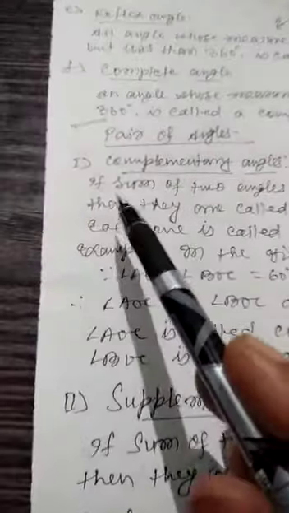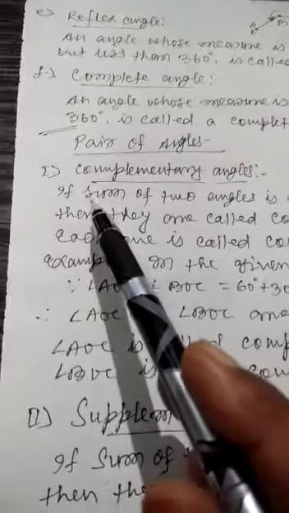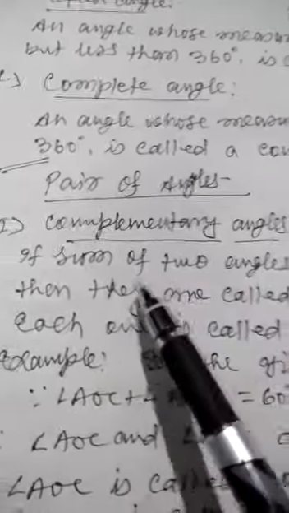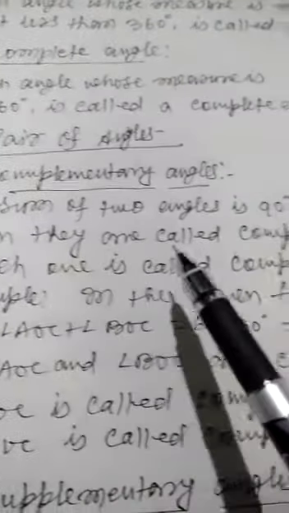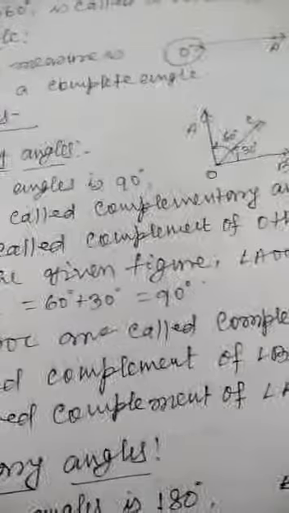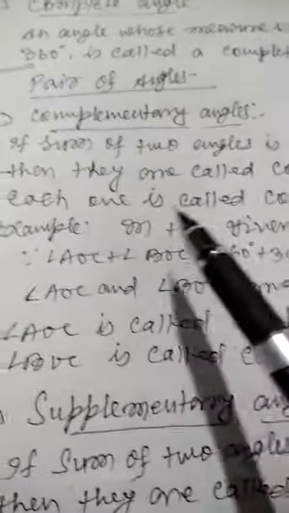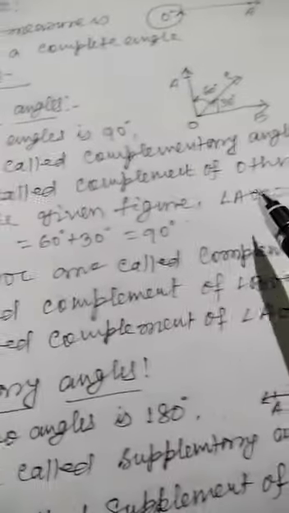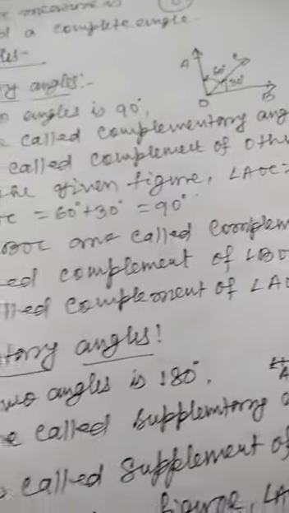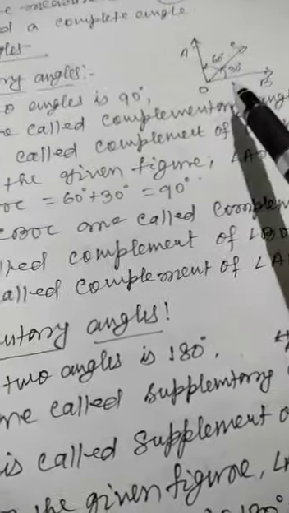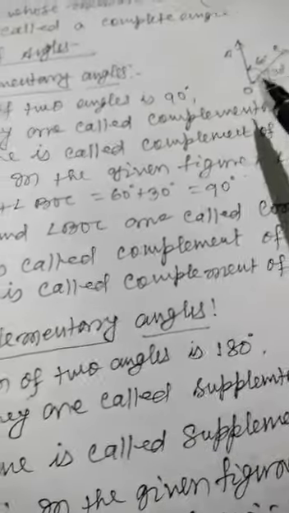It is explained in written form also. If the sum of two angles is 90 degree, then they are called complementary angles. Each one is called the complement of the other. Clear?